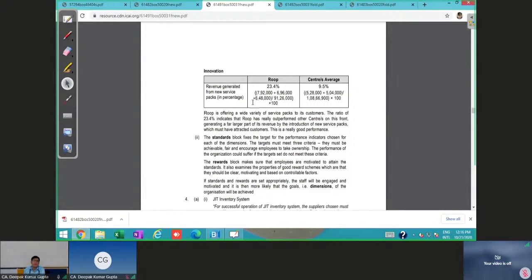Whenever you try to solve a particular case study, or a question or a case scenario, by solving that particular question, you will be able to identify a particular concept or gain knowledge of the concept. That's why try to solve the question by linking through concepts.